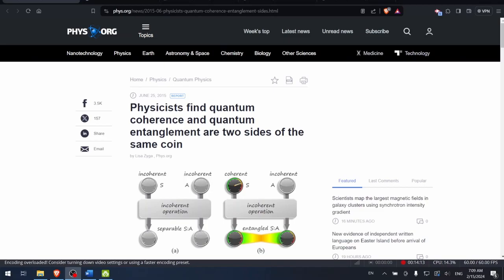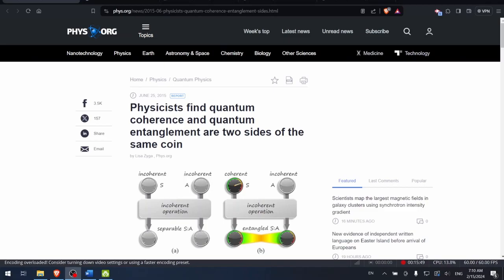So there's a thing called quantum coherence, which is very similar to quantum entanglement. And there's a paper, if you're watching, that I have pulled up on the screen here that describes the difference between quantum coherence and quantum entanglement. And basically, in this paper, the headline is that physicists find that these two things are two sides of the same coin.